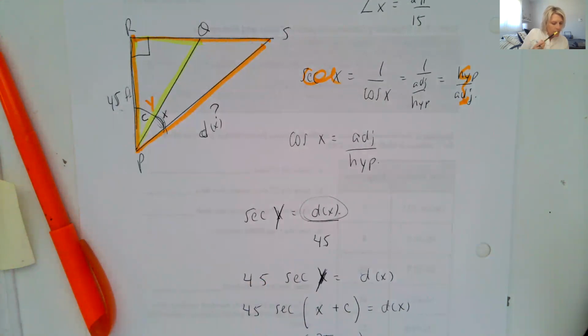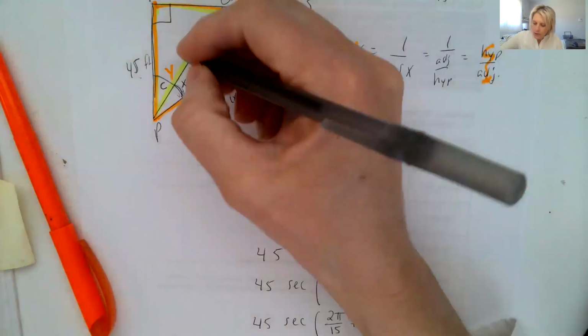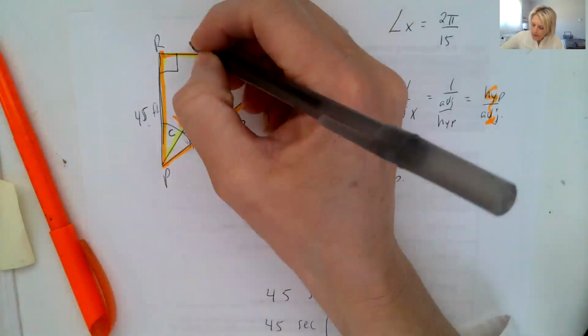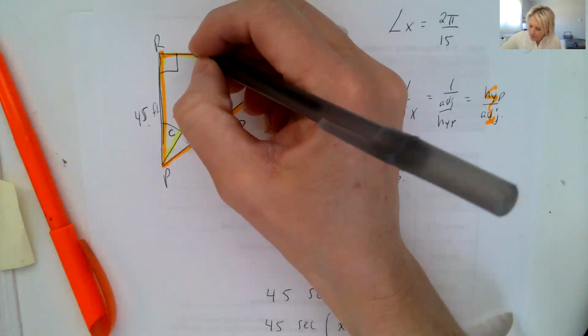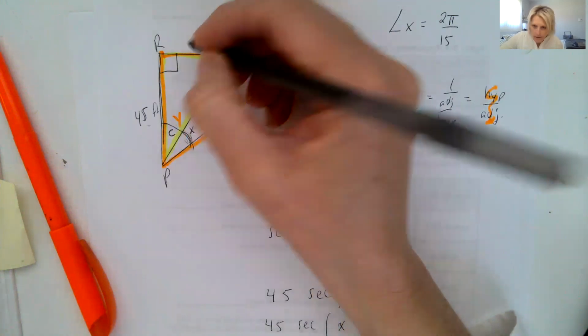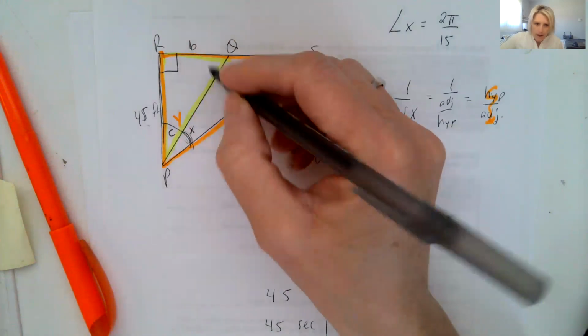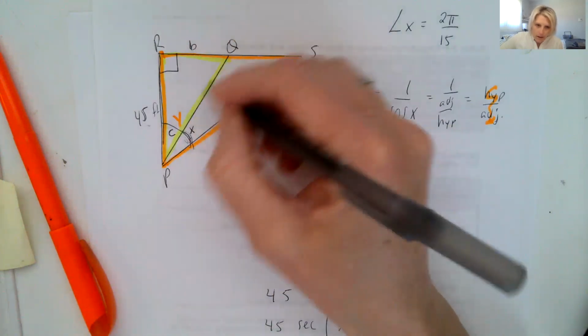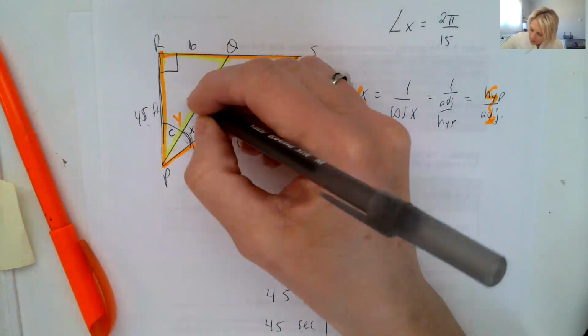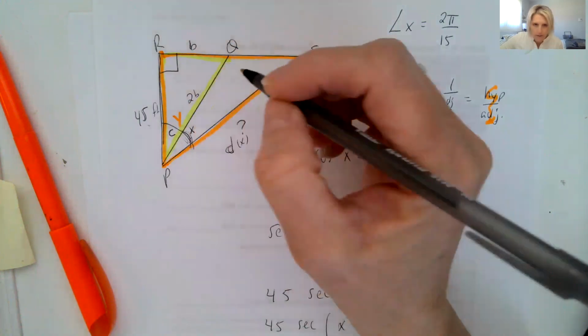So we want to figure out what that is. Now I kind of gave it away, because this is a special triangle where this side length here, let's call it B, is half of this hypotenuse of the yellow triangle, which is going to be 2B.